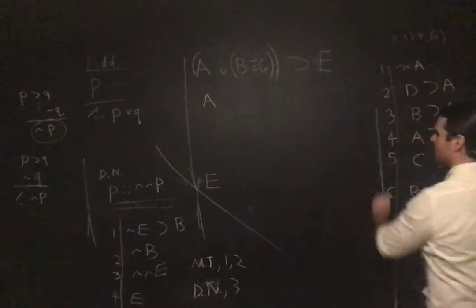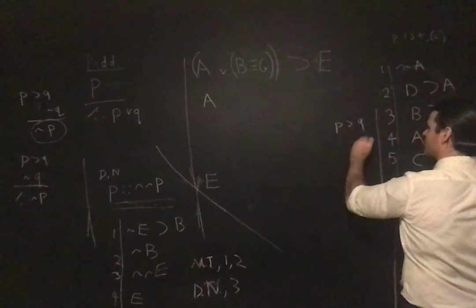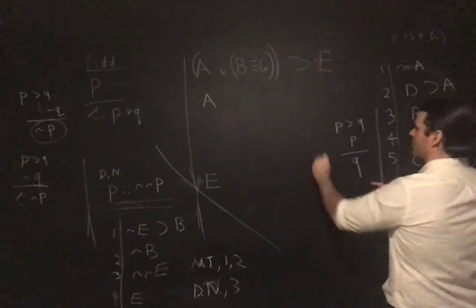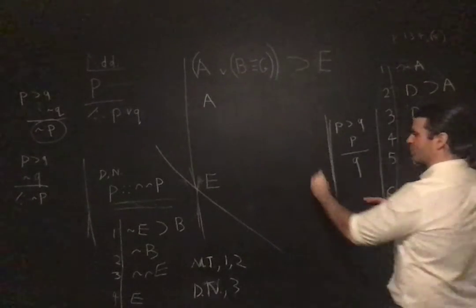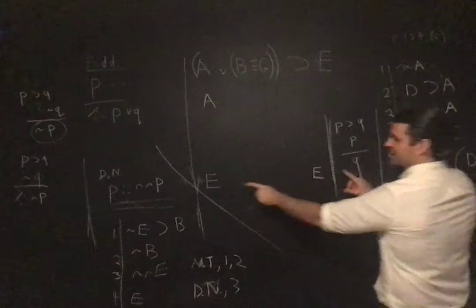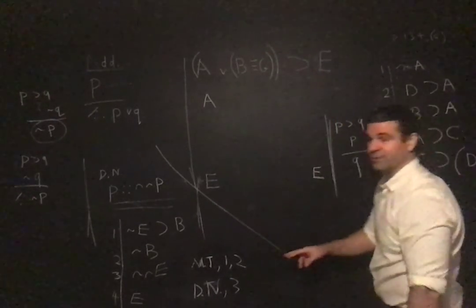So in my mind, modus ponens is P hook Q, P, therefore Q. What's the application of it? I've seen that this is the consequent of a conditional given in the premises.